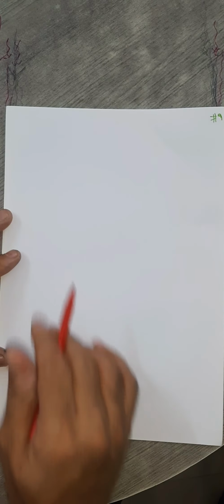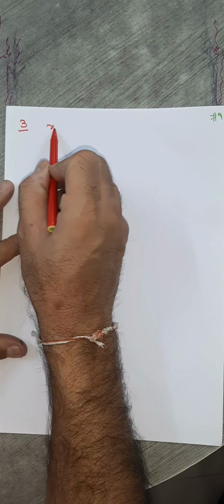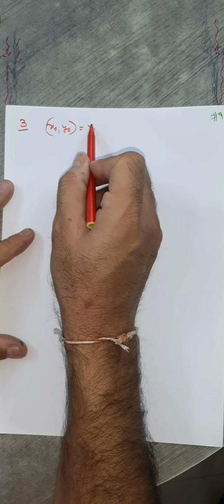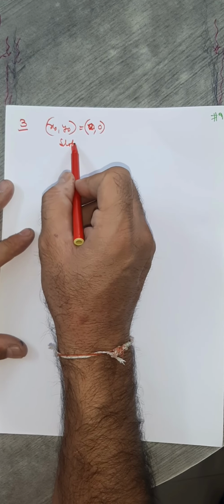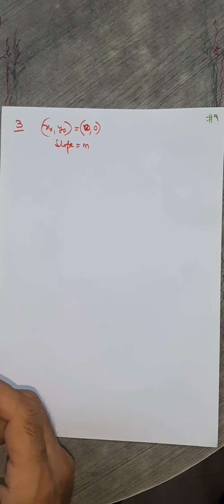Next, question number 3. What is the third question? Read it, what it says. Passing through 0, 0. Okay, so x0, y0 is the origin. The line passes through the origin 0, 0. And it has a slope equal to how much? Slope equals m. Okay, so you can write the equation.